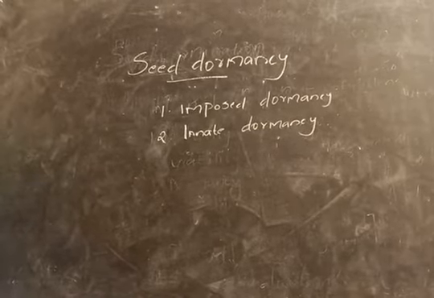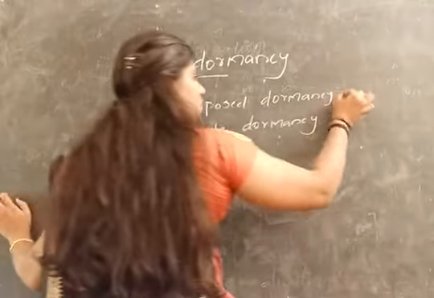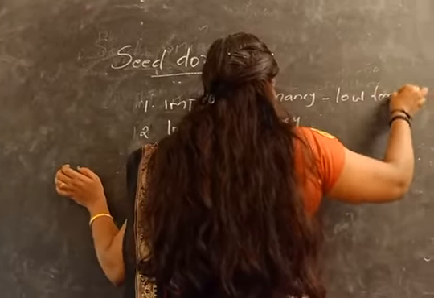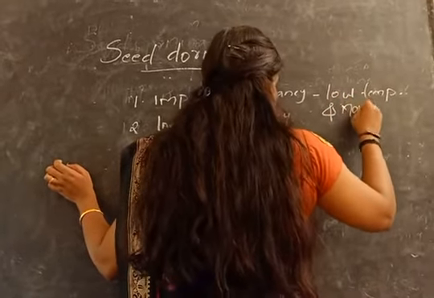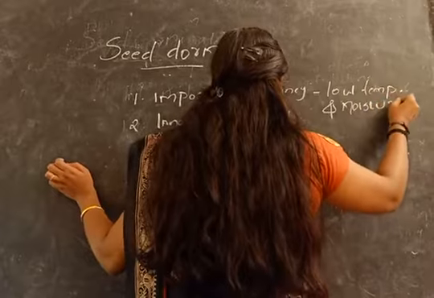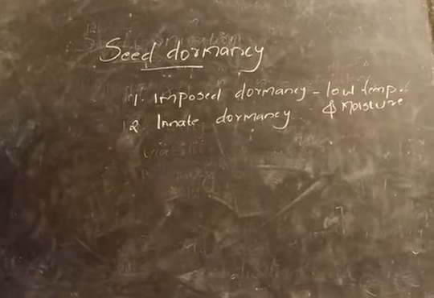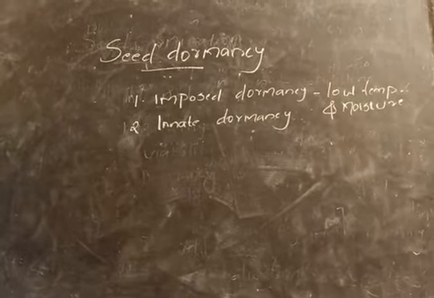Imposed dormancy is due to low temperature and moisture, whereas innate dormancy is related to the properties of the seed itself.